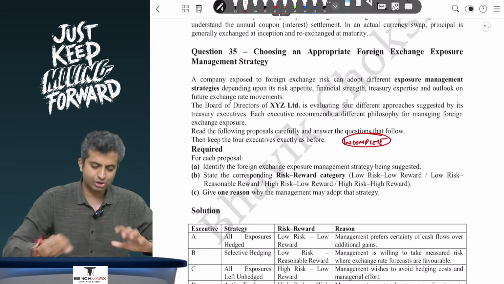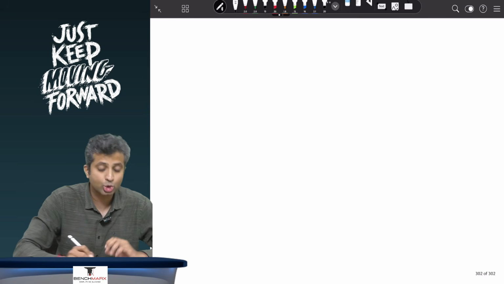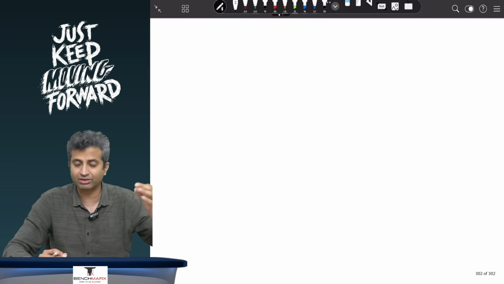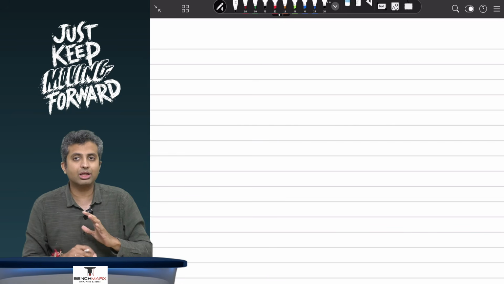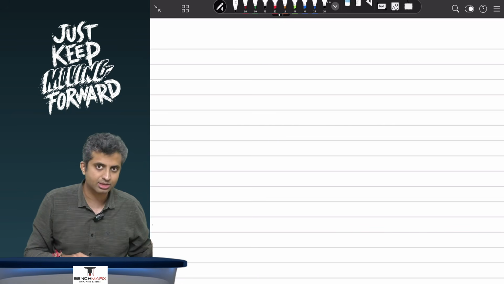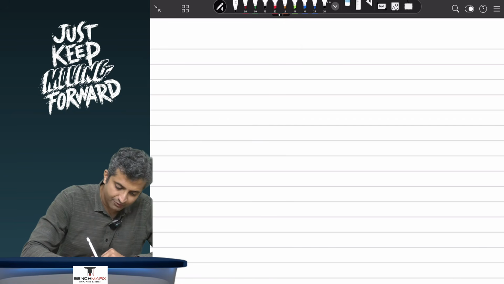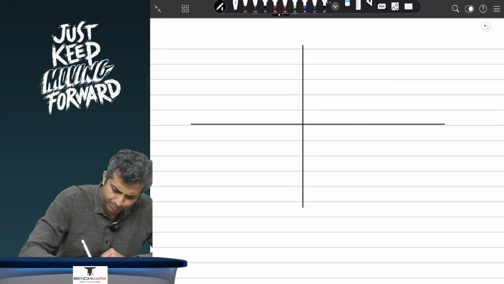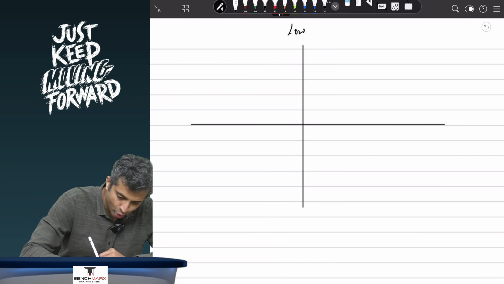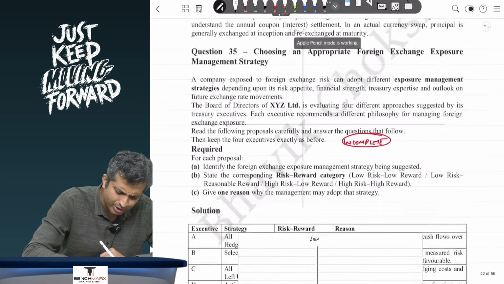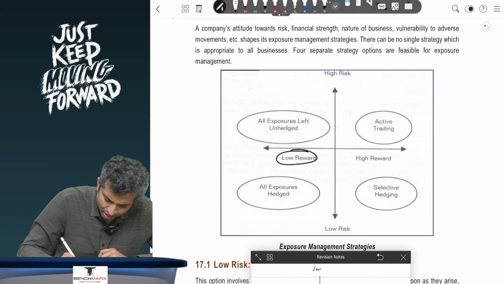Now, what do you mean by foreign exchange management strategy? Essentially, your foreign exchange management strategy is divided into 4 parts. You can make an axis and try to figure out the parts of this strategy. You can decide to keep everything unhedged, or you can decide to hedge everything. So these are the two extremes. If I were to create a matrix, maybe this is low reward, low risk.